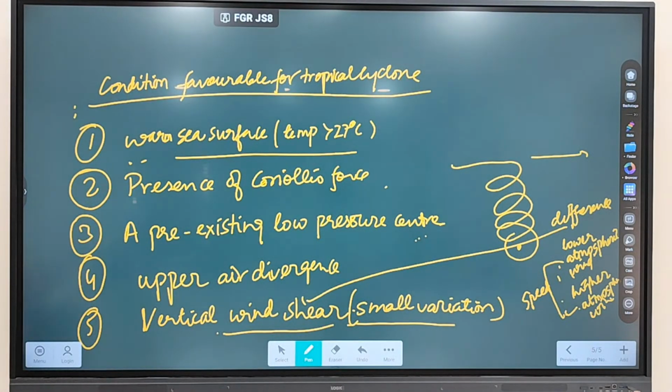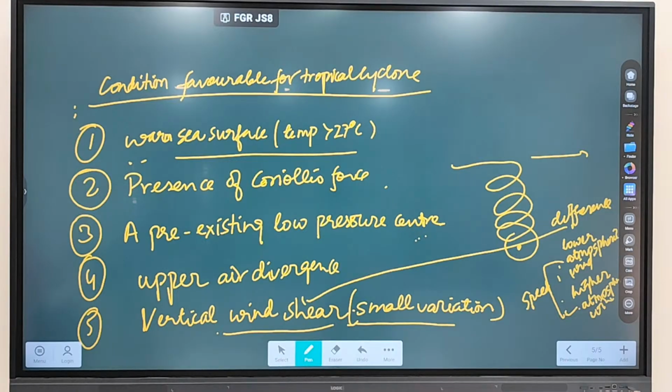Because it is denser at the surface. Any other reason? Because of gravitation. Anyone else? We discussed three forces. Which are the forces affecting wind? Pressure gradient force, Coriolis force.